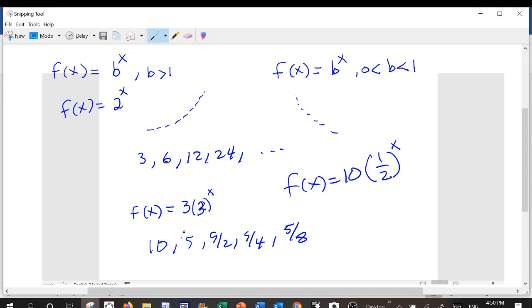So this number would be 9, and then 27, and so forth. They get bigger and bigger. So that means this shape is going to be sharper, right? The bigger the base, the sharper the increase is going to be. So if it's a positive number greater than 1, the bigger it is, the sharper the increase is going to be.